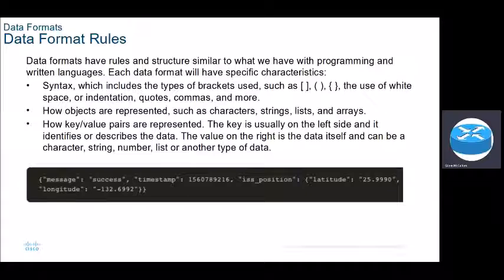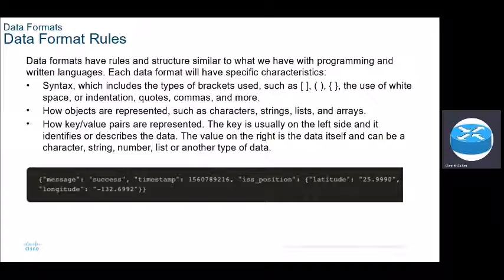Data formats have rules and structure similar to what we have with programming and written languages. Each data format will have specific characteristics. Syntax, which includes the types of brackets used, so square, round, and curly, and the use of white space or indentation, quotes, commas, and more.